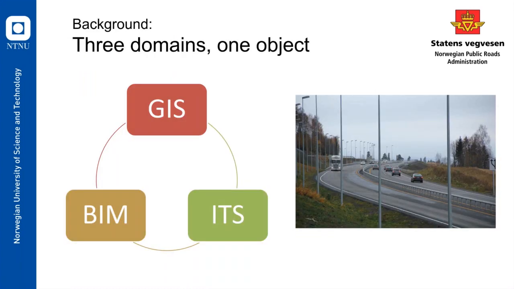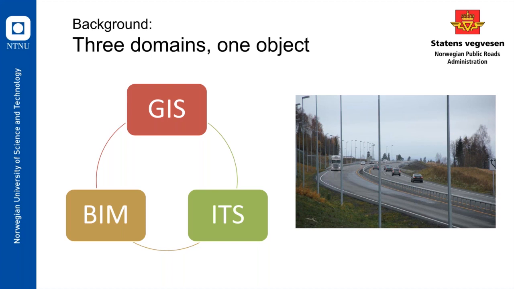Just to put this into context, this is actually what I'm working on for my PhD. On the slide here, we see 3 abbreviations for different domains. We have GIS, Geographic Information Systems, ITS for Intelligent Transportation Systems, and BIM for Building Information Modeling.